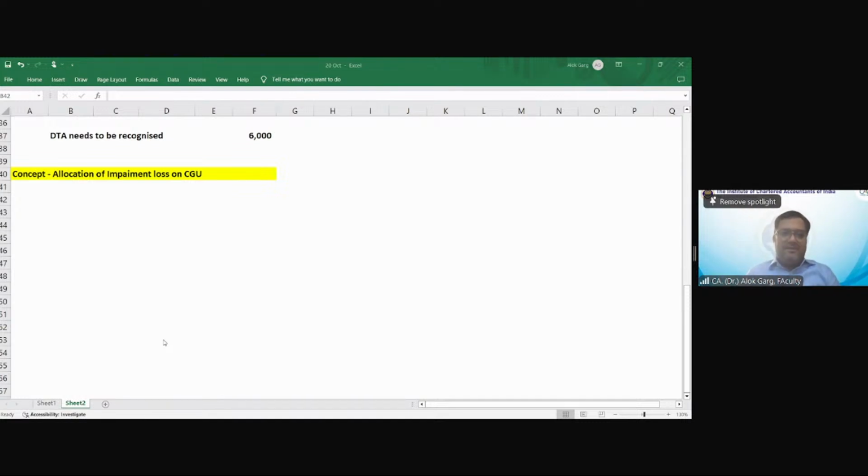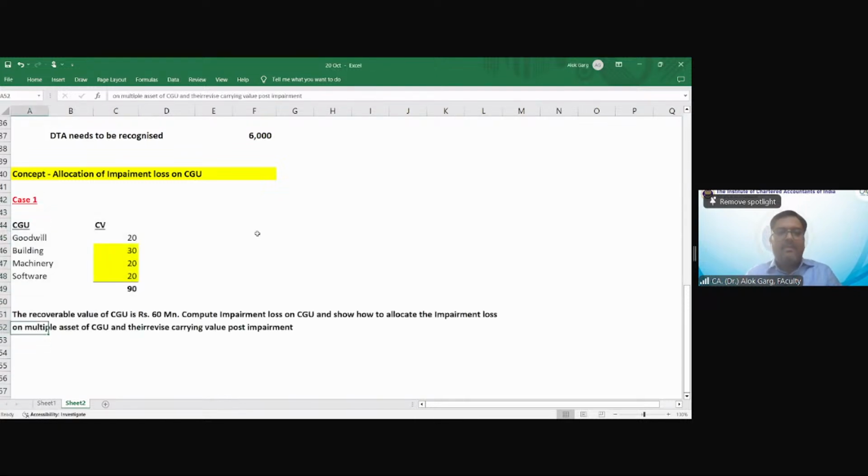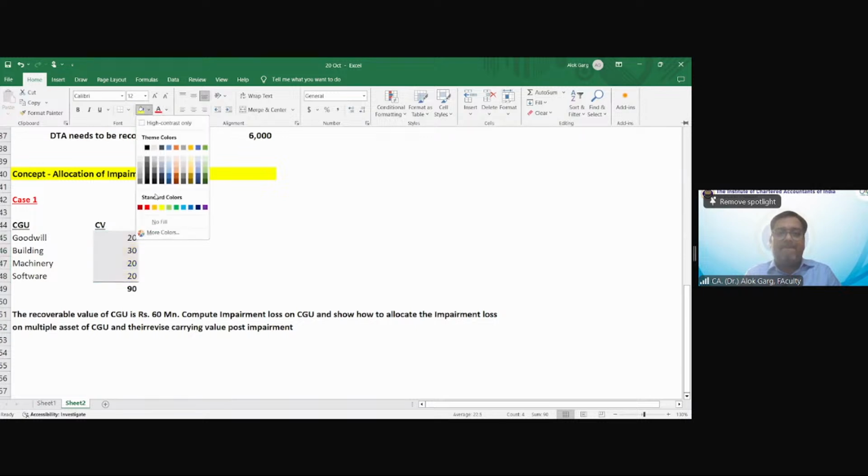Case 1, first of all. Cash generating unit, there is a group of assets. This is a CGU, which includes goodwill, building, machinery, software.